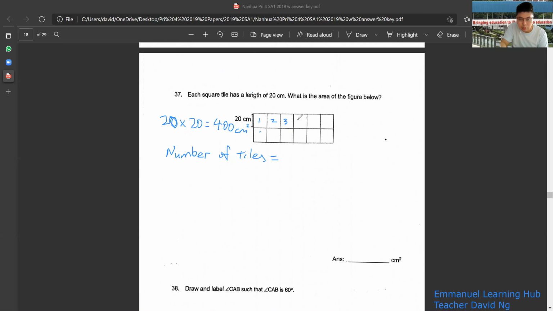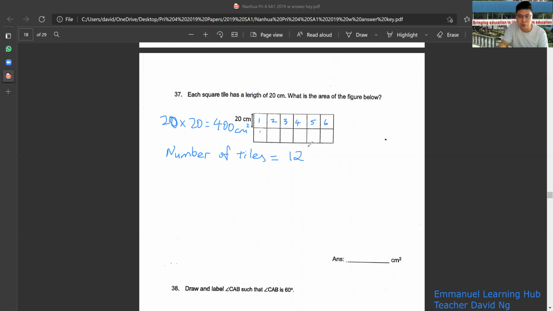If each tile is 400, then the area is 400 times the number of tiles. Number of tiles is 12. There are 12 tiles. Then 400 times 12.